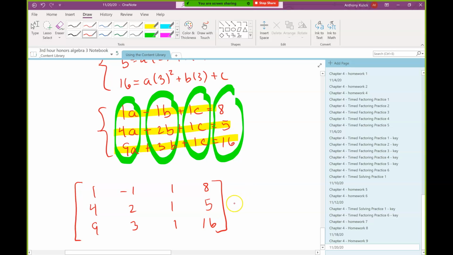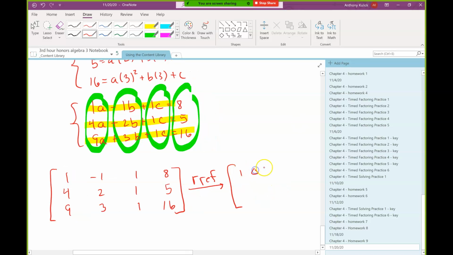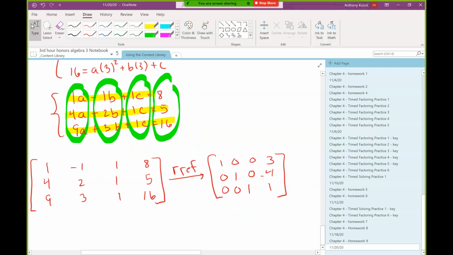Okay. Once I have that matrix, I'm going to use the RREF command on it. And when I do that, the calculator is going to output me the following matrix. Which again, remember, we can interpret each row as a solution.